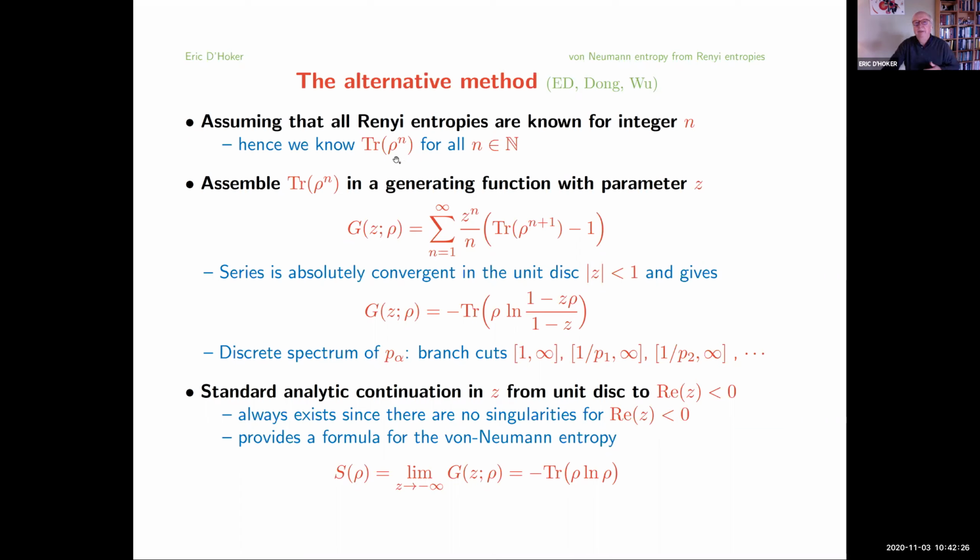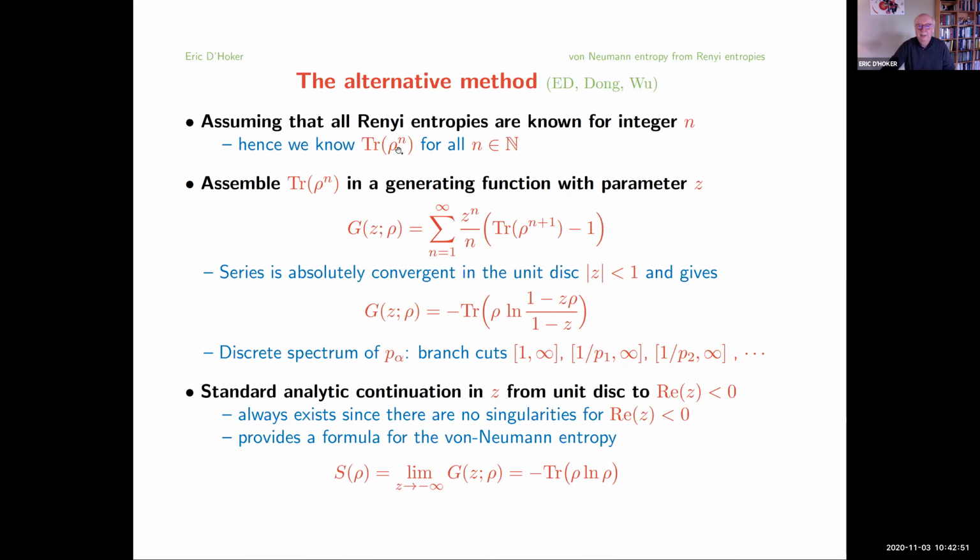I think maybe what you're asking is, suppose I give you a set of values for trace of rho to the n, and I didn't know this came from a density matrix. Not every sequence of numbers for trace of rho to the n would come from a density matrix. In particular, they have this ordered property, right?